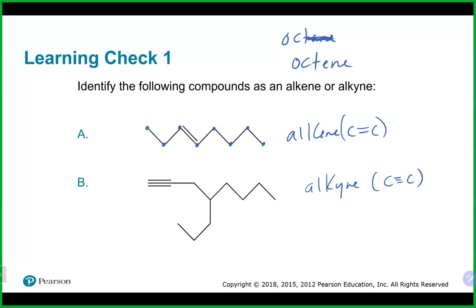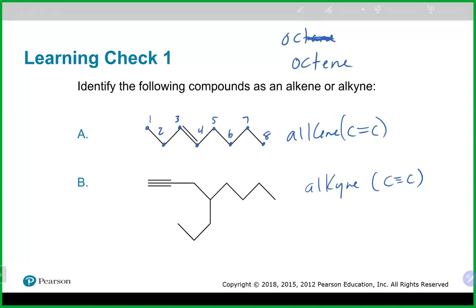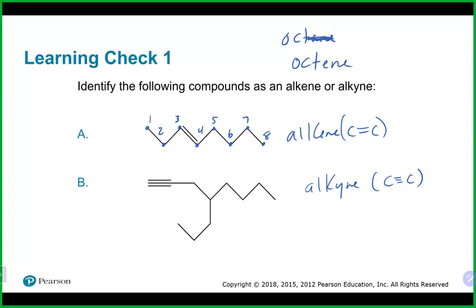Now, we have to give the numbering priority to the double bond, which means we have 2 ways of numbering it. 1, 2, 3, 4, 5, 6, 7, or 8. The other way that we can number it is obviously in the other direction, 1, 2, 3, 4, 5, 6, 7, and 8. Just like anything else in organic chemistry, we're always looking for the smallest numbers.